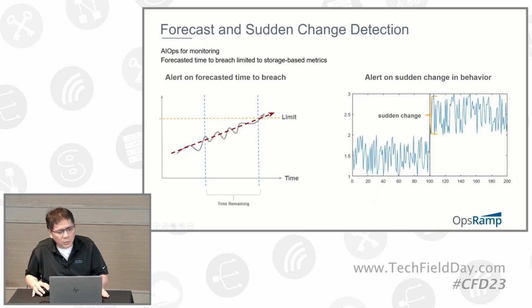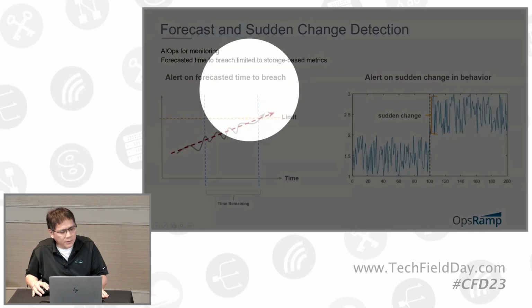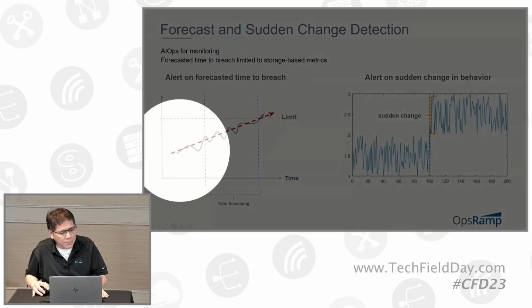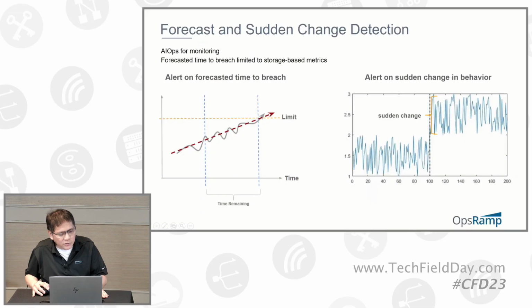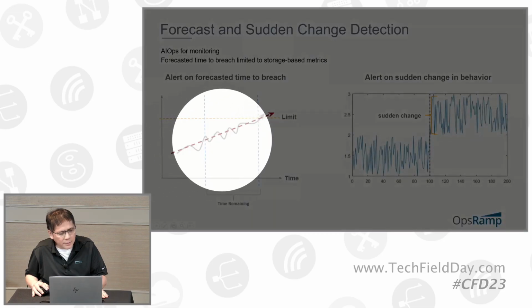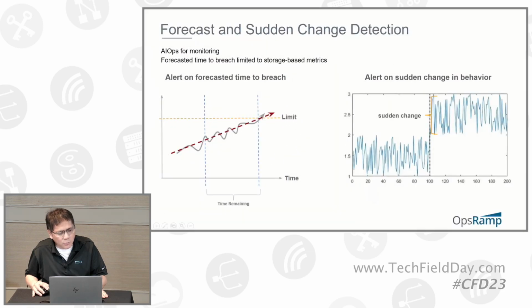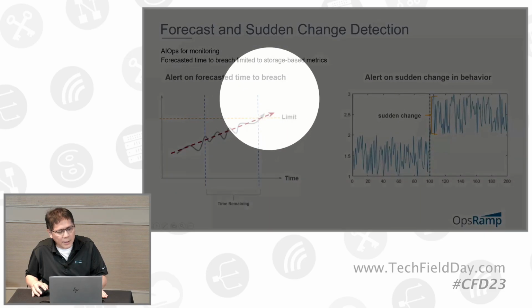Now we can also alert on forecast time to breach. In this example, the metric is this gray squiggly line here. This is where the metric is at, but notice it's creeping up. Our algorithm will extrapolate where this metric is going, and then we can put a time to breach.